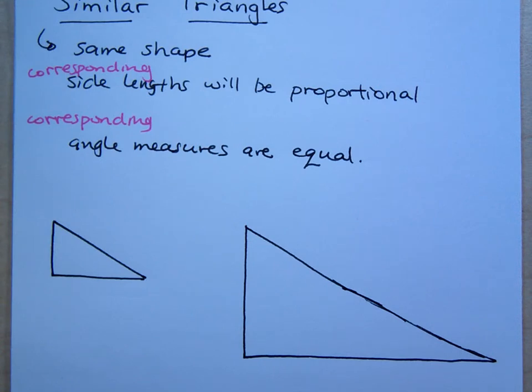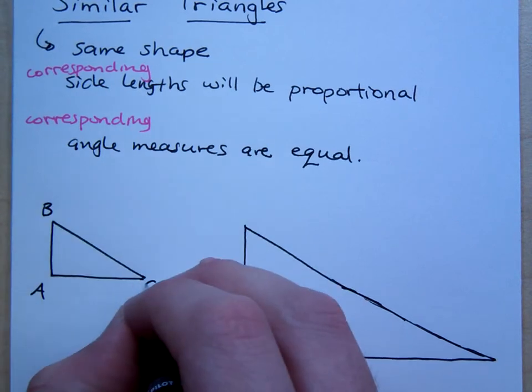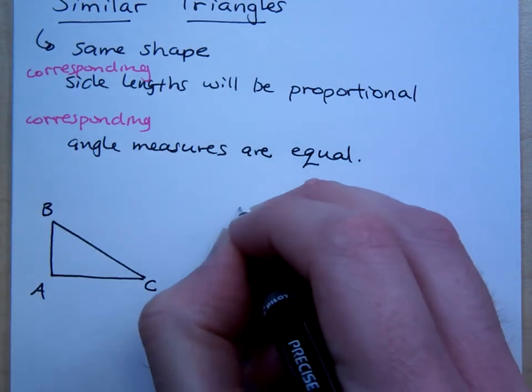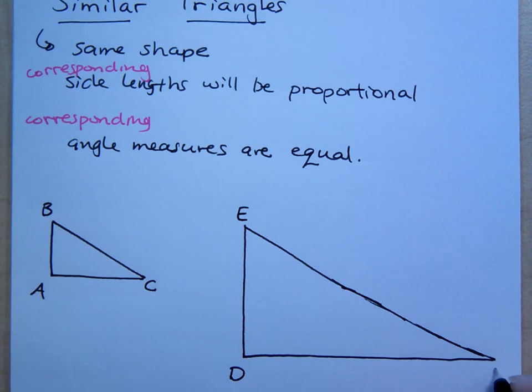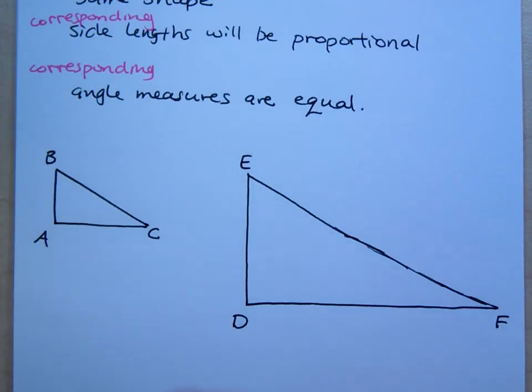So if I say that these triangles are similar, let me just label these guys. I'll say this is A, B, C, and this guy is D, E, F. If I want to tell you that these guys are similar, here's the notation that I will use.